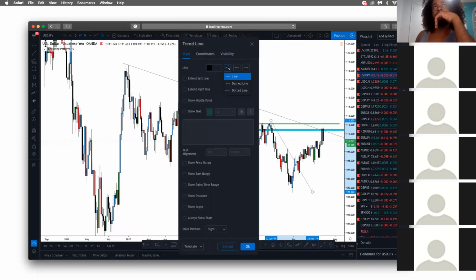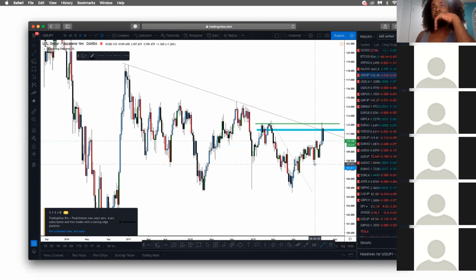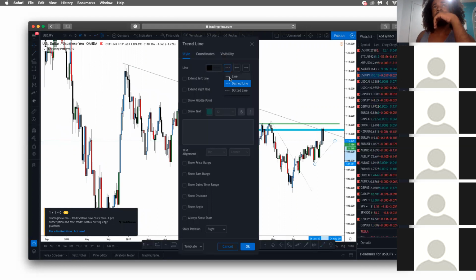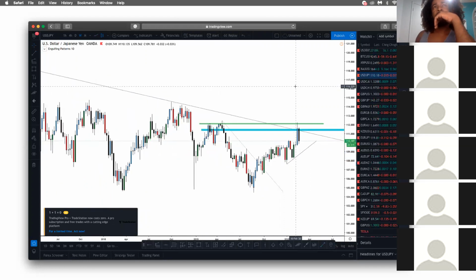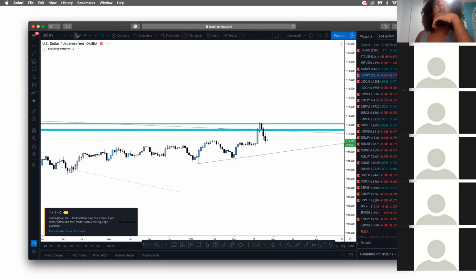Our weekly broken trend line. Our weekly valid trend line, right? Up and down to the daily.